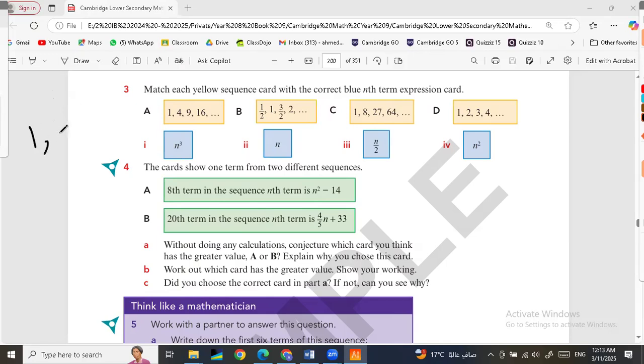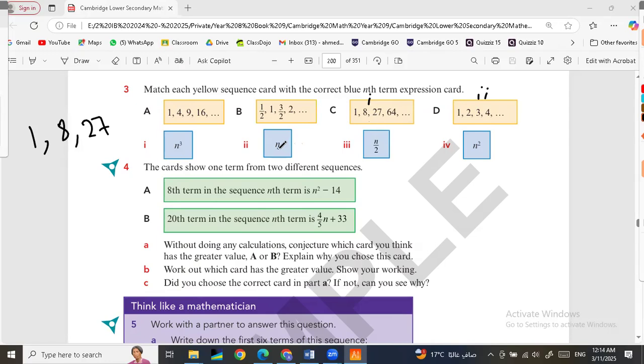Then the second term is 2 cubed, which is 8. The third term is 3 cubed, which is 27, and so on. So I'm talking about C. C is the first one, n cubed.